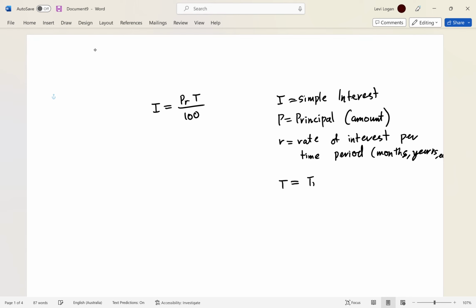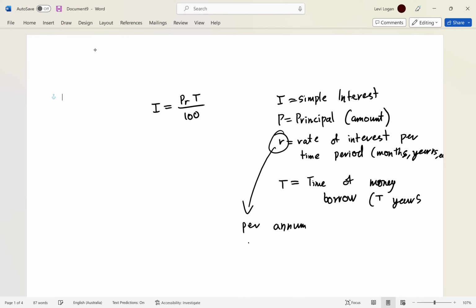Time of money borrowed, so it's how long you're going to have this money for before you pay back the bank. Now, if this T is in years, the interest rate will be per annum. Per annum means per year, so it'll be applying interest rate for every year.